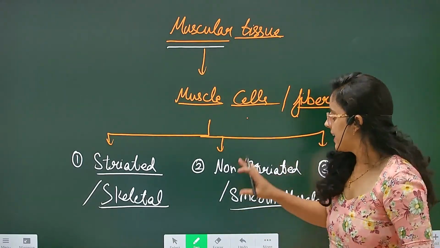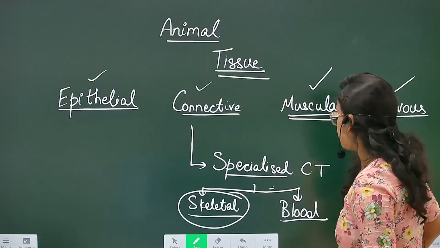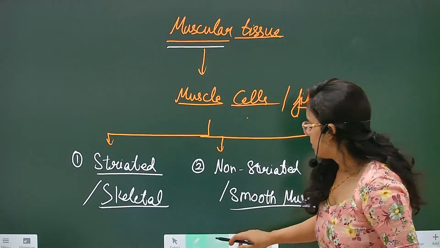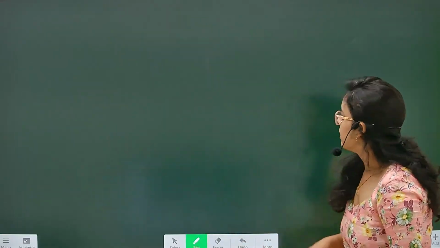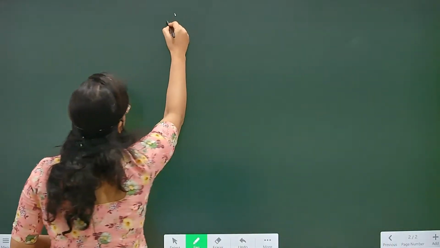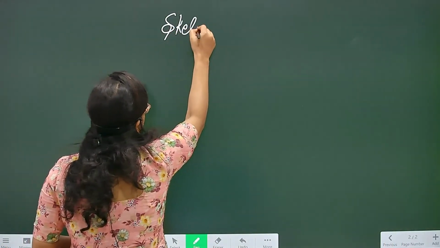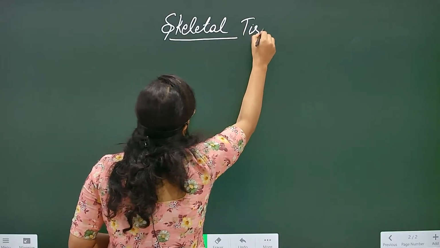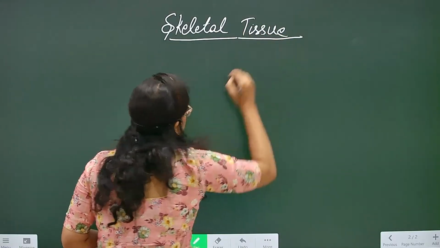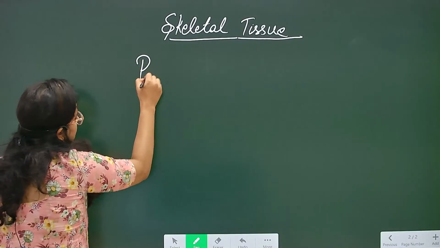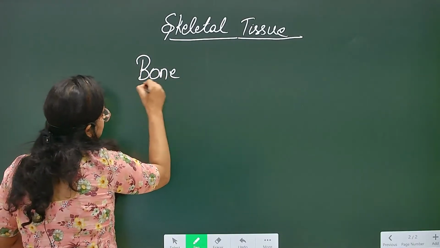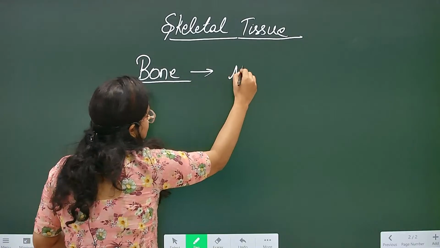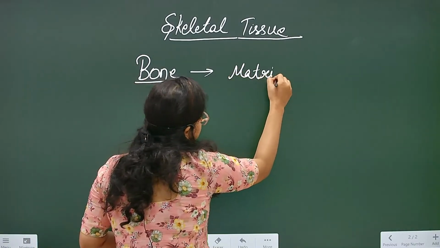Because of some technical issue, I think the audio was skipped. Okay, let me again explain about skeletal tissue. We have discussed bone, but again I'm repeating, the bone has a thick or hard matrix.